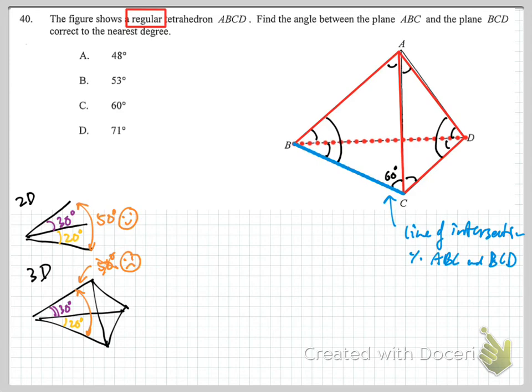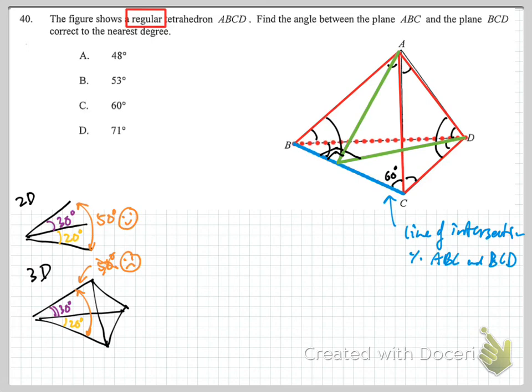We draw the perpendicular from BC all the way to A. So this is perpendicular. At the same time, we draw another perpendicular to the blue line, but that is on another plane. This one is also perpendicular, but that is on the ground level.